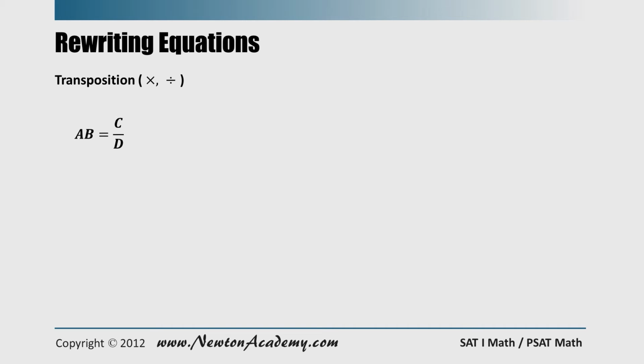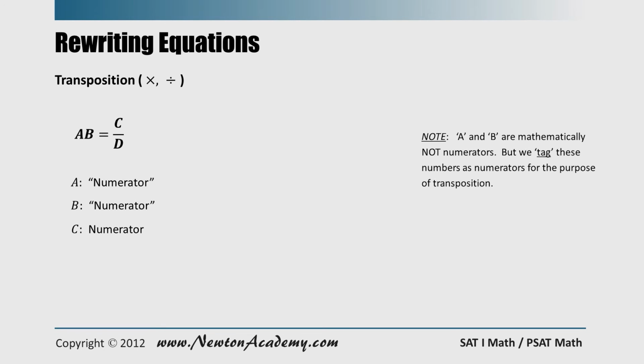We will skip this process and just get to the point using the transposition technique. Here in the multiplication and division case, you must tag every number or variable with either a numerator or a denominator. A can be considered as A over 1, so we call this A a numerator. Same for B. And this C is a numerator and D is a denominator.